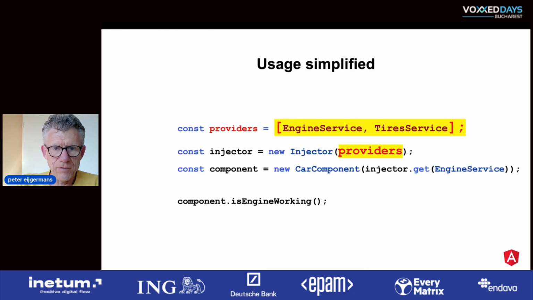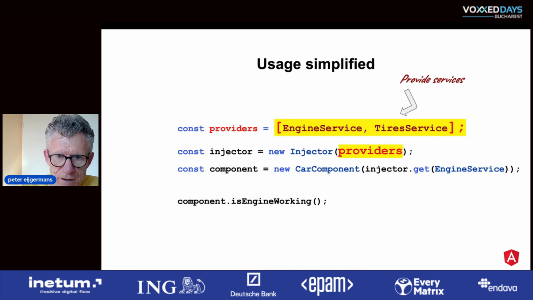I've explained it already. I define here some providers. That is the main thing, what we're doing here, and we pass it here to the injector. So the injector is able to create singletons, new instances for the engine service or tire service, and pass such a singleton, such an instance, in the constructor of the car component.